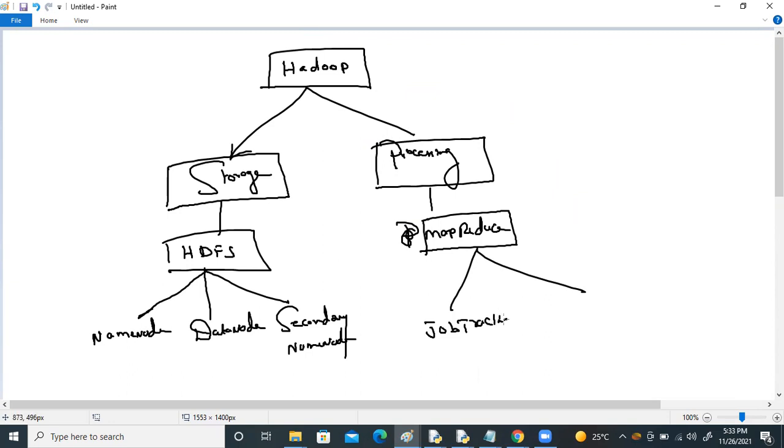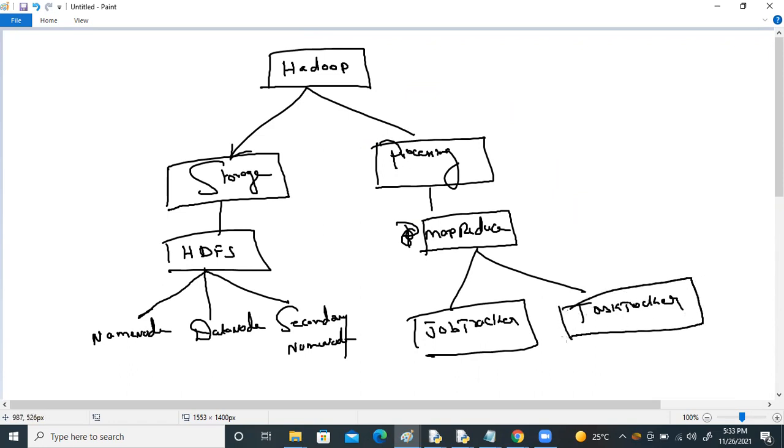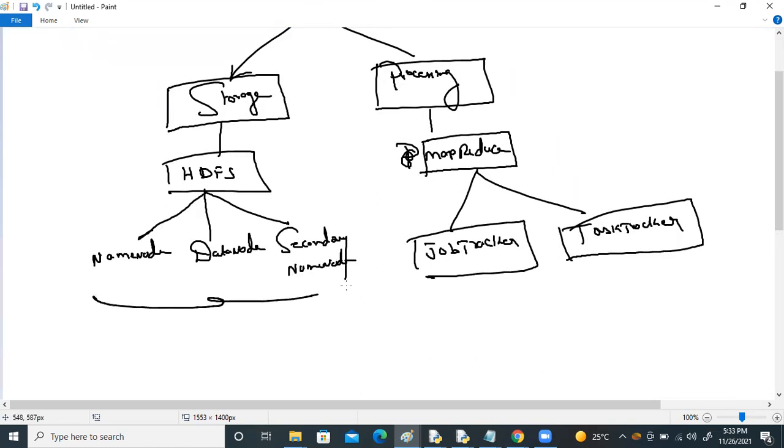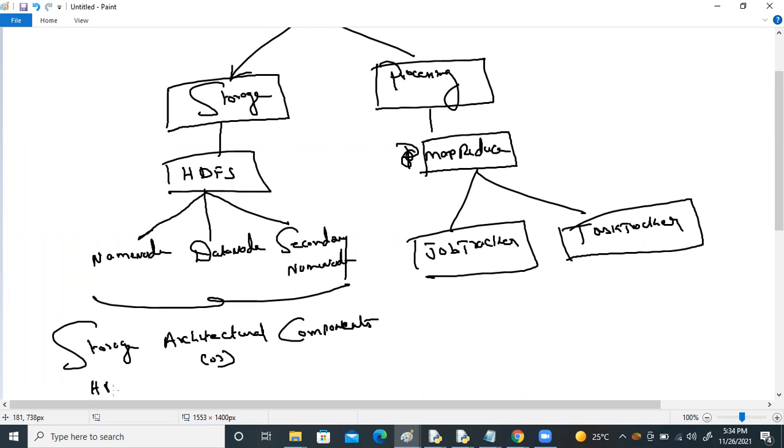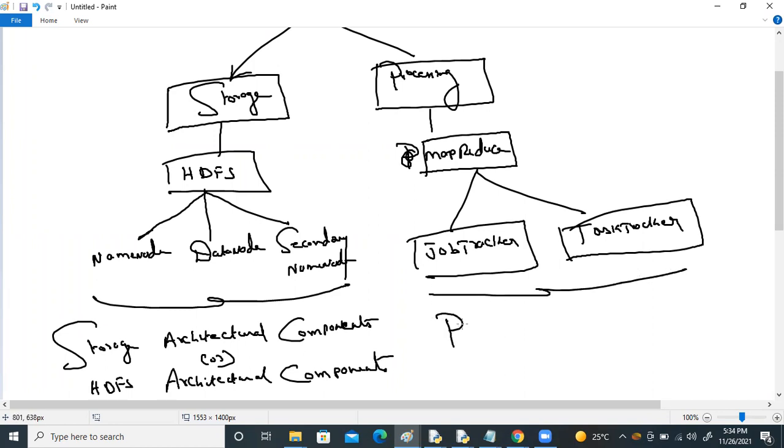These are the storage architectural components, or HDFS architectural components, and these are the processing architectural components.